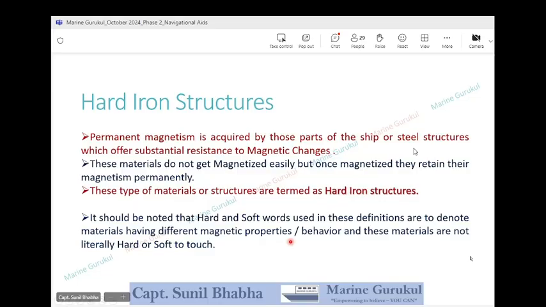They relate to their magnetic properties or magnetic behavior. These materials are not literally hard or soft to touch. Both of them are made of steel, iron, so they are equally hard or soft to touch. It is not that a soft iron structure is very soft to touch. No, it is not that way. Do not take the meaning of the words literally. They are just denoting their magnetic properties or magnetic behavior.